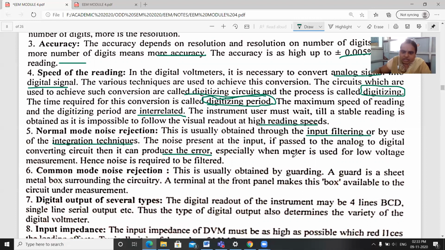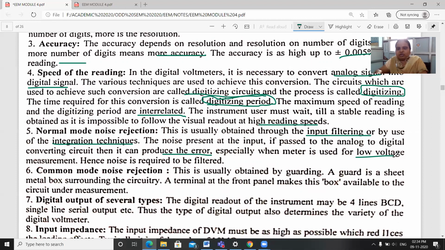Then, especially when the meter is used for low voltages, low voltages require more attention compared to high voltages, because if I want 230 volts operations, measuring 210 is more than enough. But when I give voltage to small devices, for your chip design, in your processor or controller, the maximum voltage we provide is only 5 volts, right?